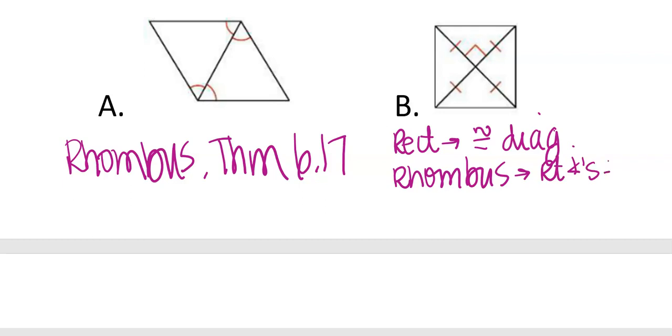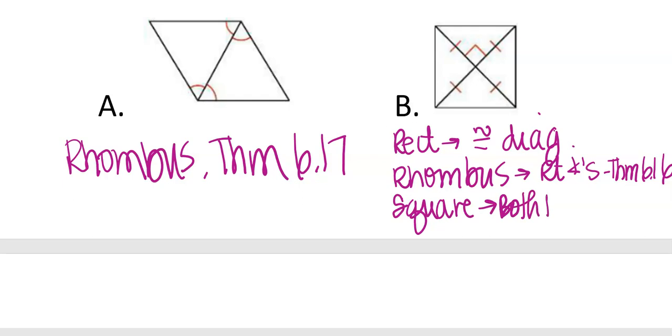That one's 6.16. And what happens if it's both a rhombus and a rectangle? It's a square. So you can't just say it's a square. You got to show each one. And all I'm going to say is both rhombus and rectangle.